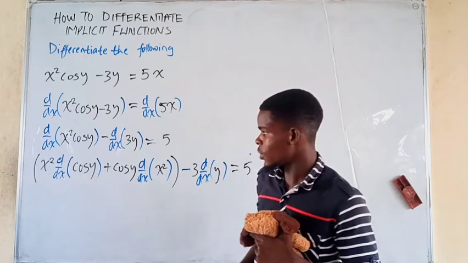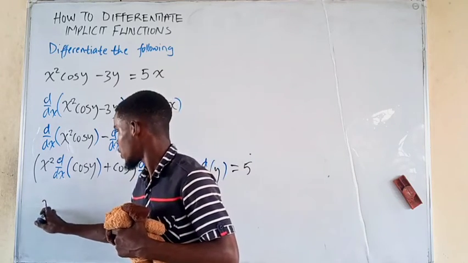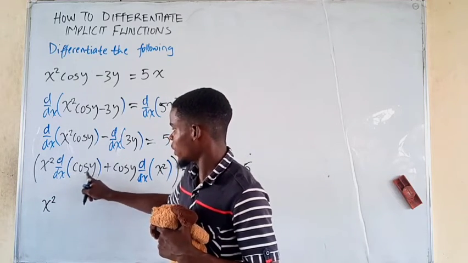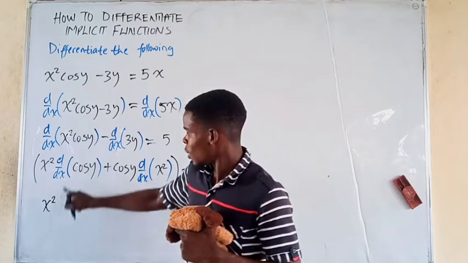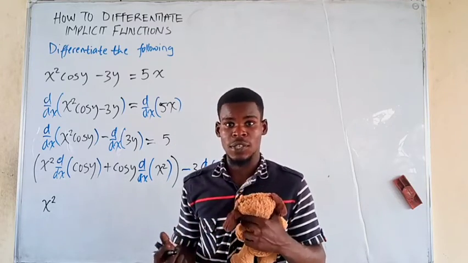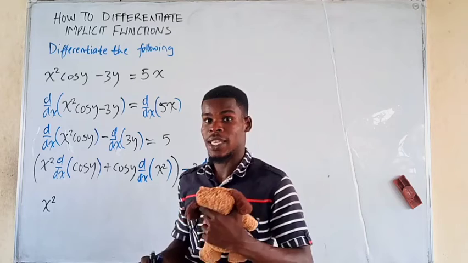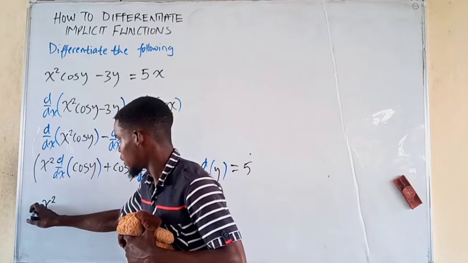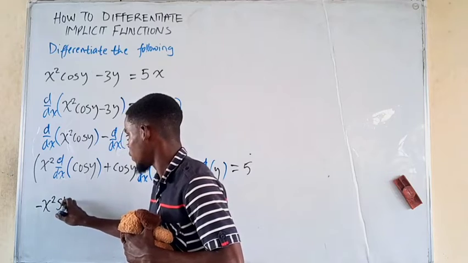Take note that this is just x squared. And now, the derivative of cosine of y with respect to x. When you differentiate cosine of something, the result is negative sine of that thing. So we're going to multiply x squared with negative sine y.